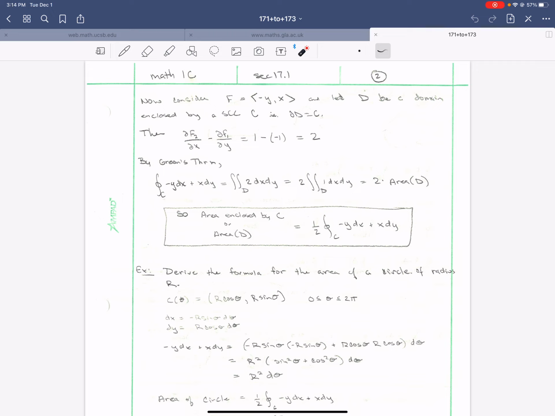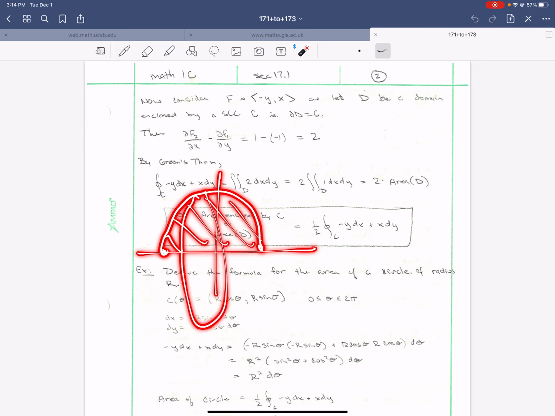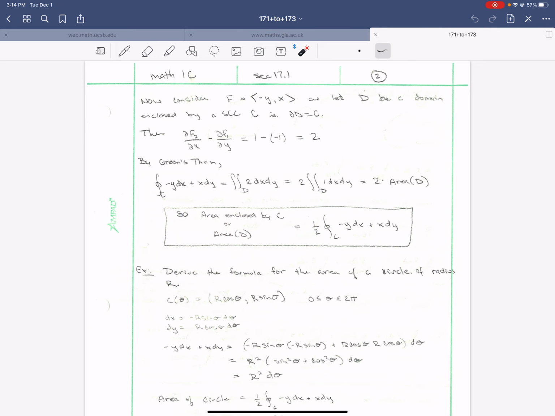Many of you that took 1B with me, we did the volume of a sphere, and we did it by taking the top half of a circle of radius r, and we spun it around the axis, and then we used the disk method, and we integrated, and you get the volume of a sphere. And that's pretty cool.